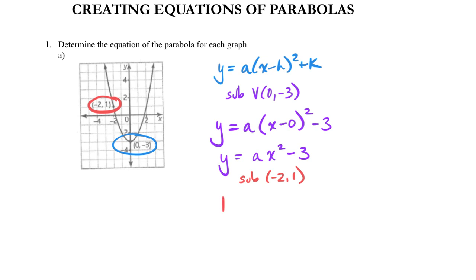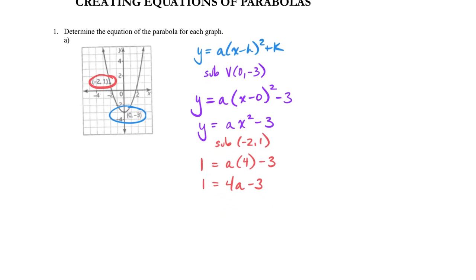So my y is 1 when my x is -2, and I can square that right away. That's going to give me this equation, which should be really easy for us to solve. Okay, I'm going to shrink that down a little bit.